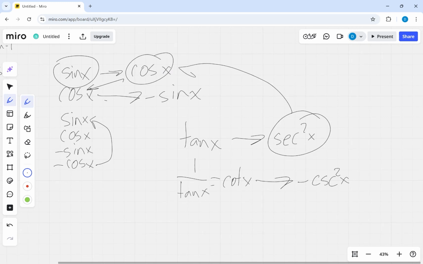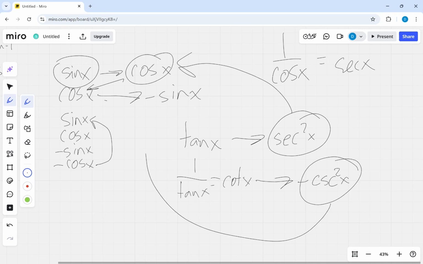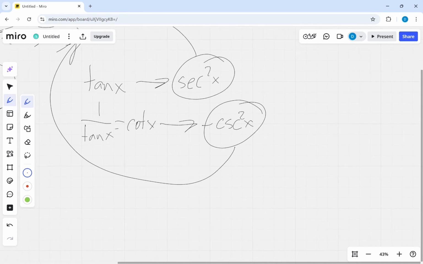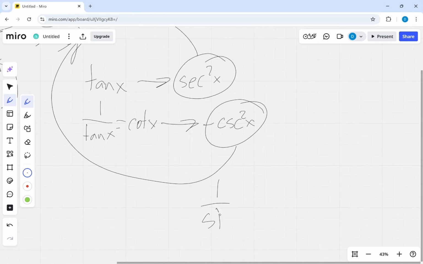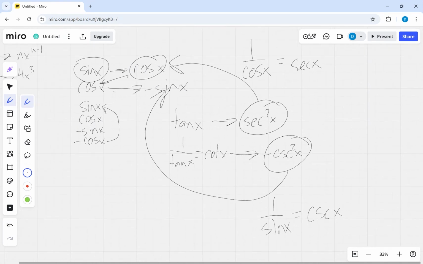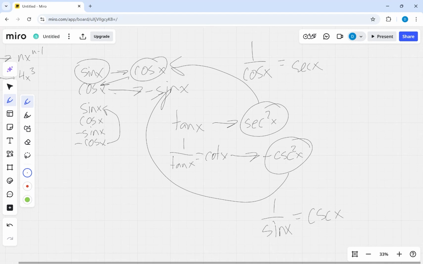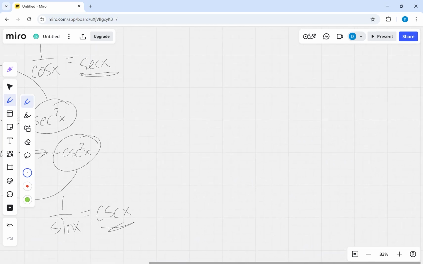Well, secant being the inverse of cosine, and cosecant being the inverse of sine, right? 1 over sine x is equal to cosecant x. So we can see that these are related as well. So you would not be shocked to say that the inverses of secant and cosecant are also related. So let's go ahead and take a look at those.